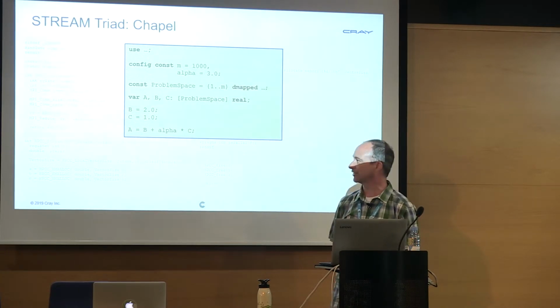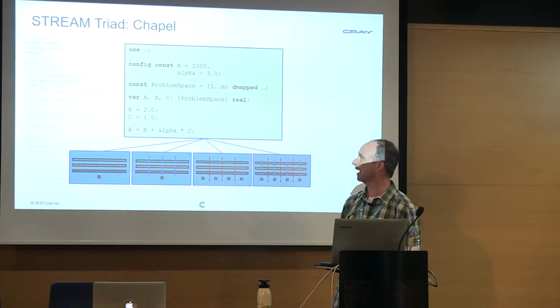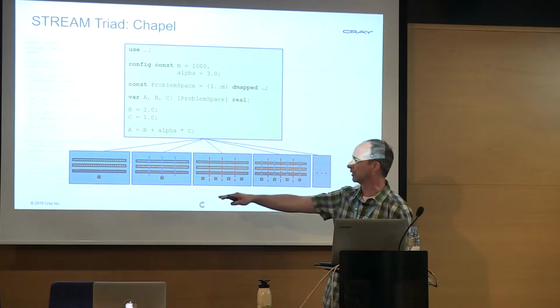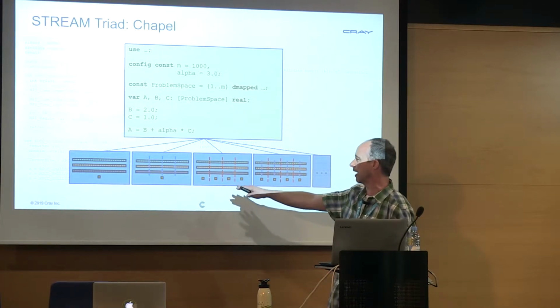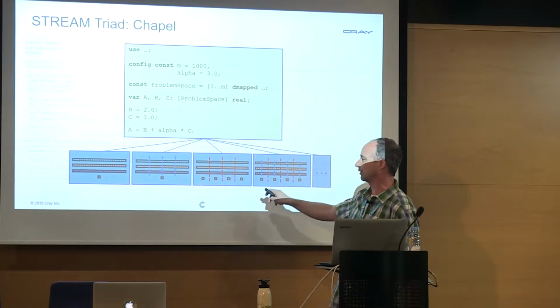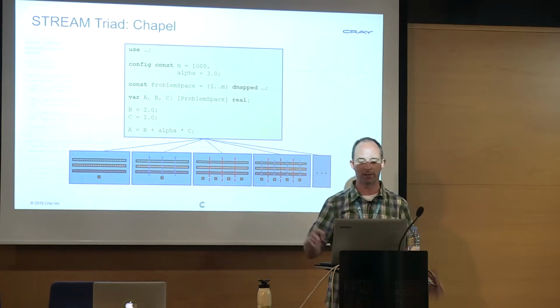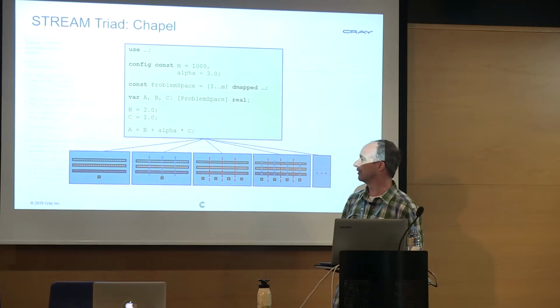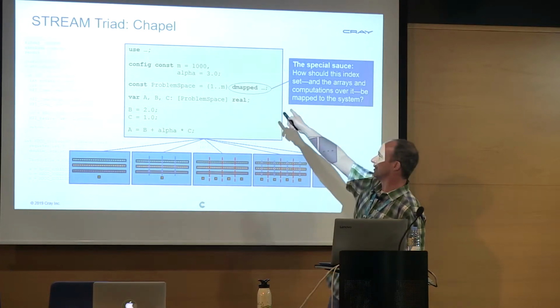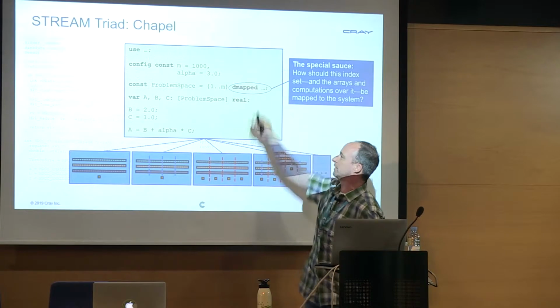But what's nice is not just that this is a nice short code, but it's also very flexible. Depending on those two expressions I left out and how I compile it, I could run this as a serial computation, a shared memory or distributed memory computation, the hybrid that we talked about, or any other kind of way of mapping the computation down to the system that I can come up with. And the sort of secret sauce there is this expression that I've sort of left out a little bit of detail on.